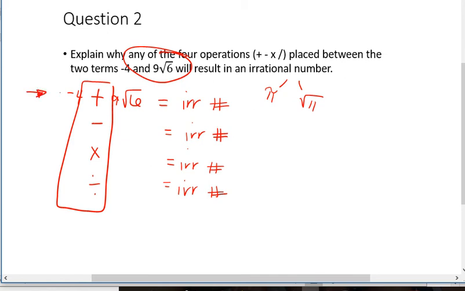If I do the addition one, if I try to add those two things together, we can't just simplify these. If I have -4 plus 9 square root of 6, I can't add those together because they're not like terms. But if you were to type that in your calculator and try to get a decimal result, you'd get a value that went on forever and ever.